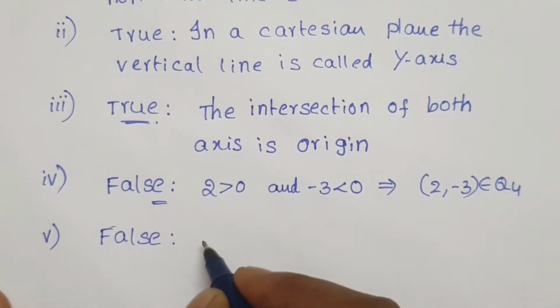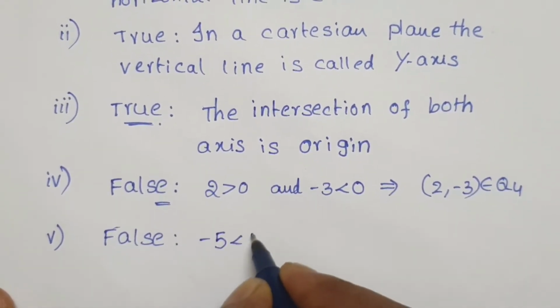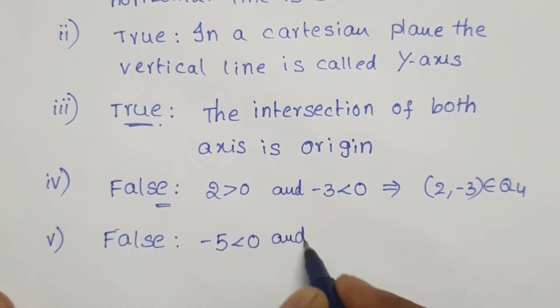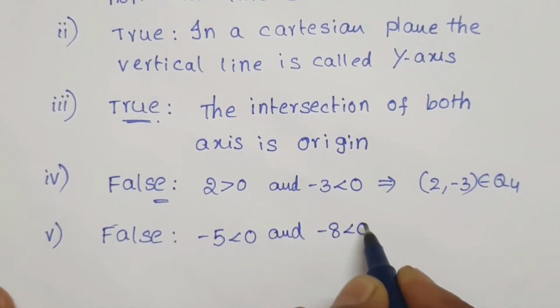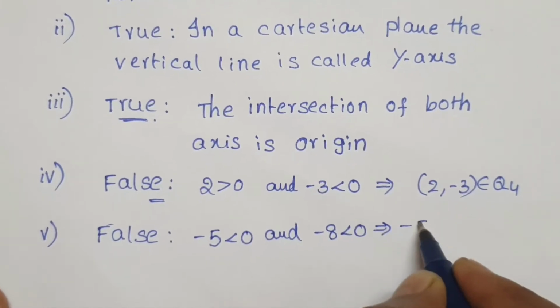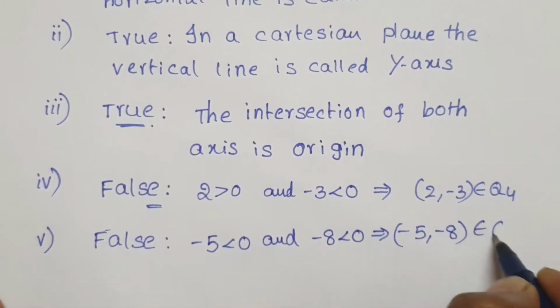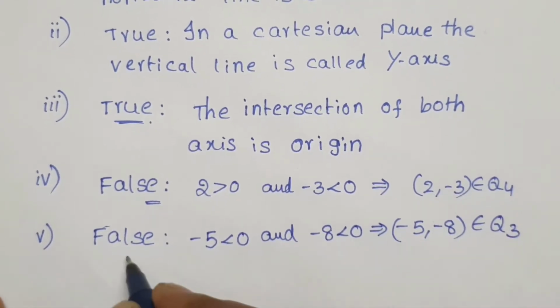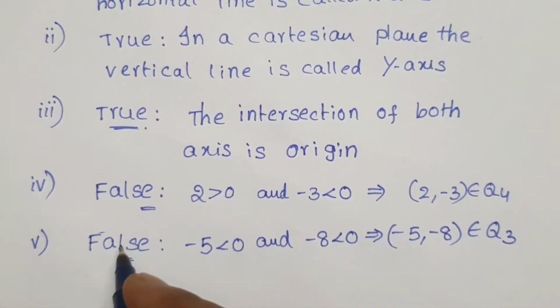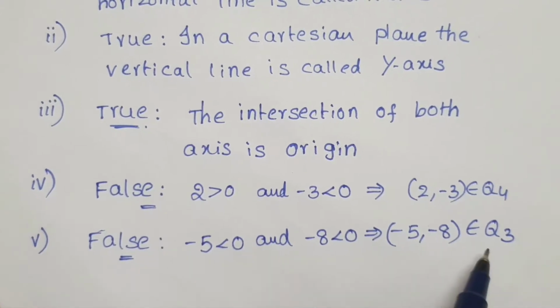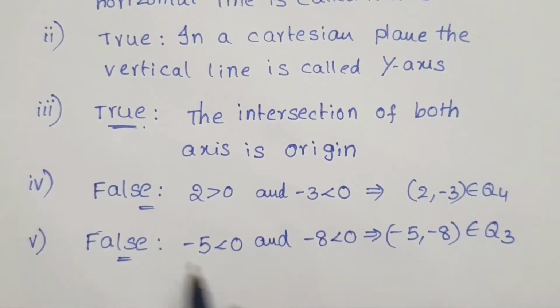Answer false. -5 is less than 0 and -8 is less than 0. So both are negative. (-5, -8) belongs to Q3. They say fourth quadrant. This is false. So why? Because this is in third quadrant.